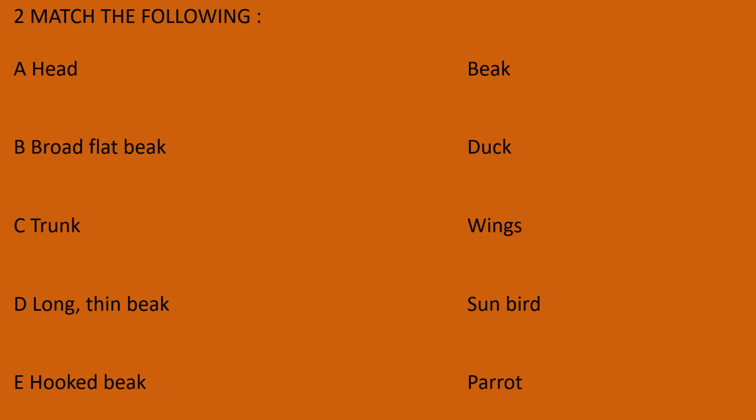These beaks have strainers along the edge of the beak. Water and mud go out of these strainers, leaving worms inside so that the ducks can eat the worms. Therefore, broad, flat beak matches with duck.